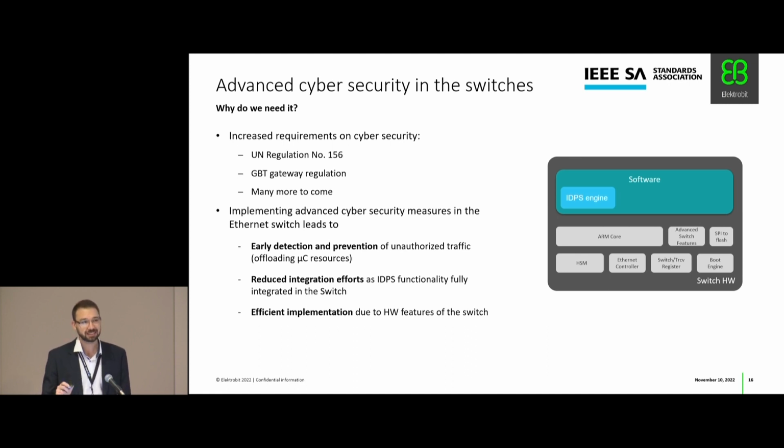You can detect way more attacks if you have your protection in the middle, rather than in the end node. On top of that, if it's already integrated, the integration effort is way smaller. Okay, somebody can say that deep packet inspection requires a lot of computational power. True, fully agree. But there are some things which we can do, especially in the switch.